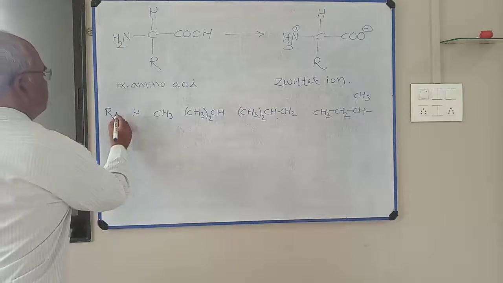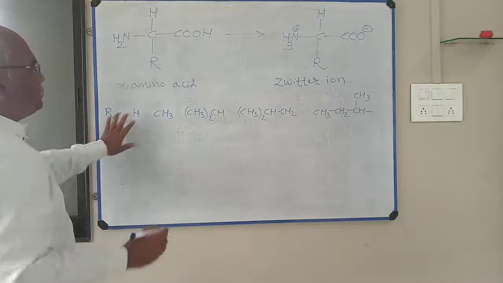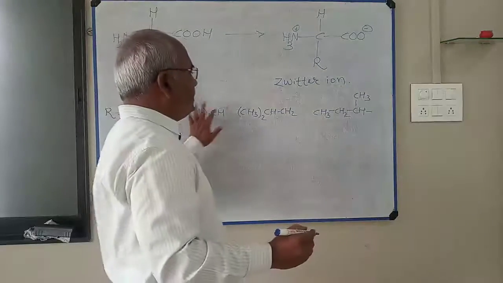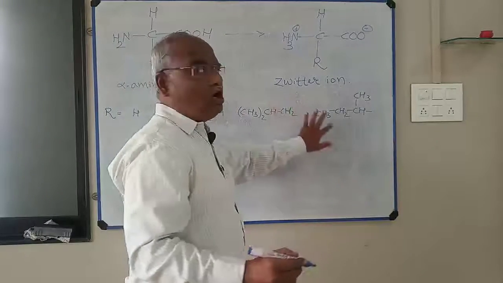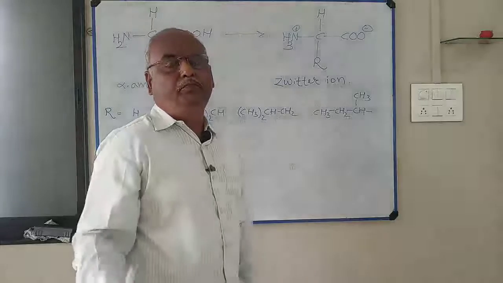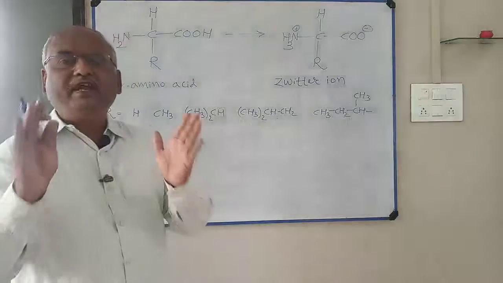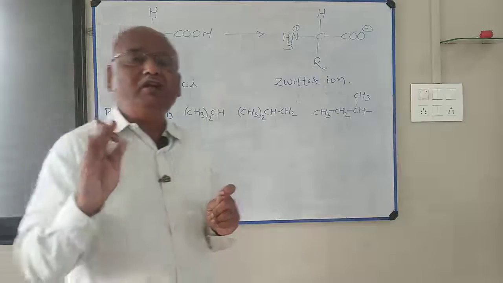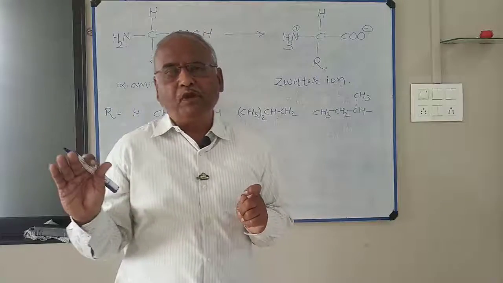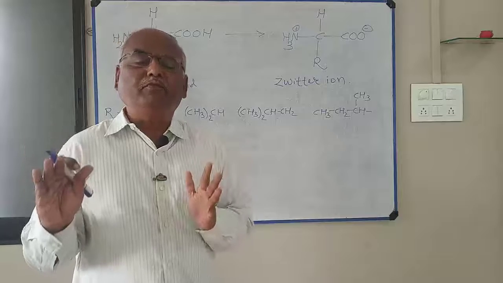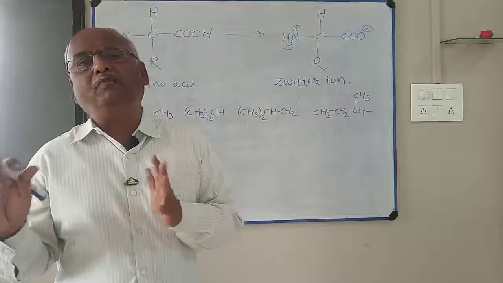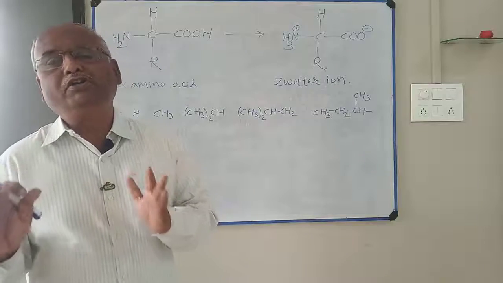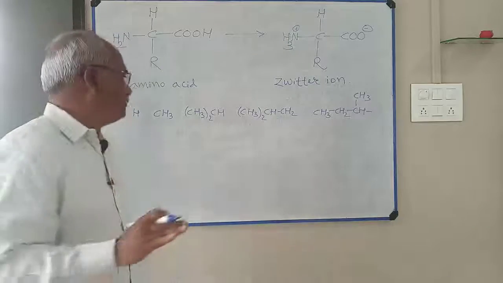R may be hydrogen, methyl, isopropyl, isobutyl or secondary butyl group. So there are about 30 amino acids. It is not necessary to remember all the names and formulae of all alpha amino acids. We are going to study some important alpha amino acids.